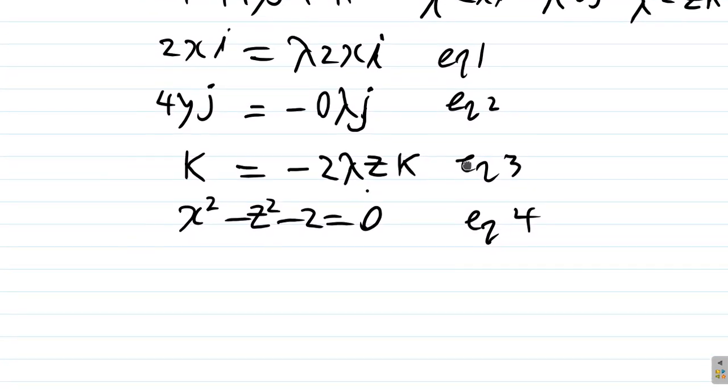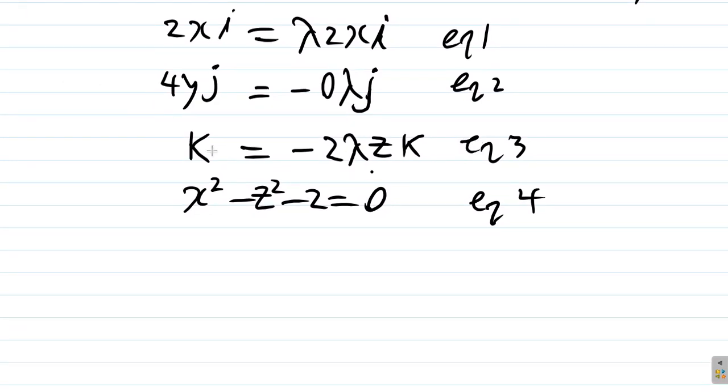Alright, now 4 simultaneous equations. So if we cancel 2xi with 2xi, what we have is that lambda is equal to 1. Okay, good. So this is from equation 1. Let's see what we can do with equation 2. j would cancel j. The thing is, this is 0. So 4y is equal to 0. So you can say y is equal to 0.